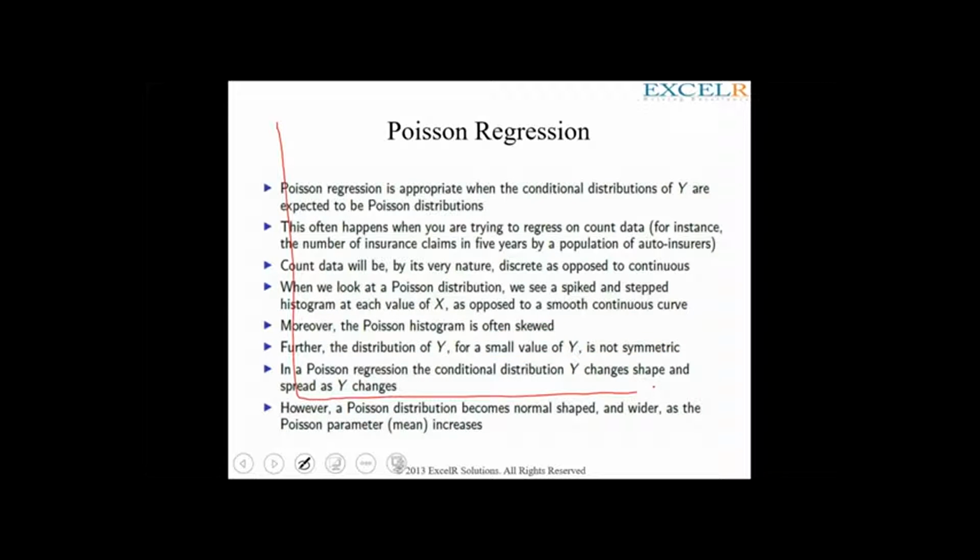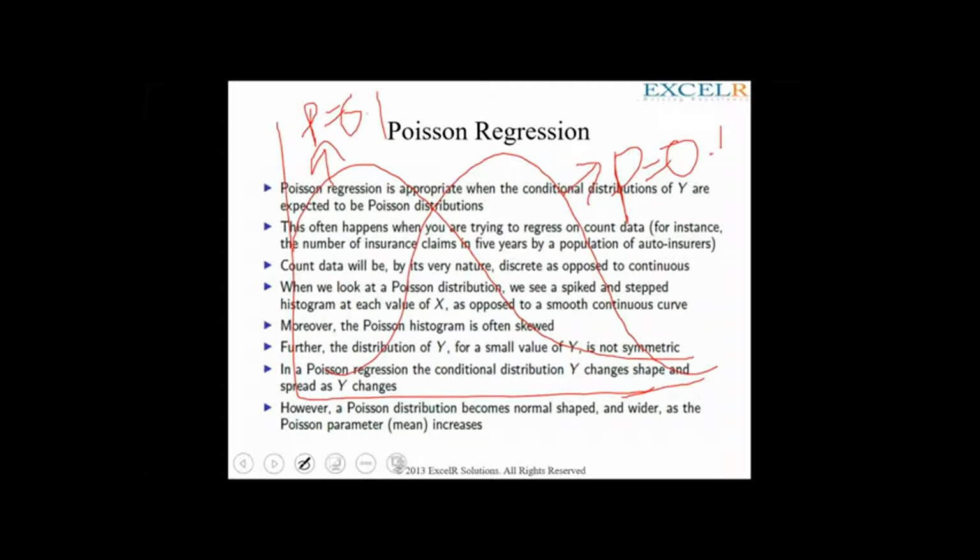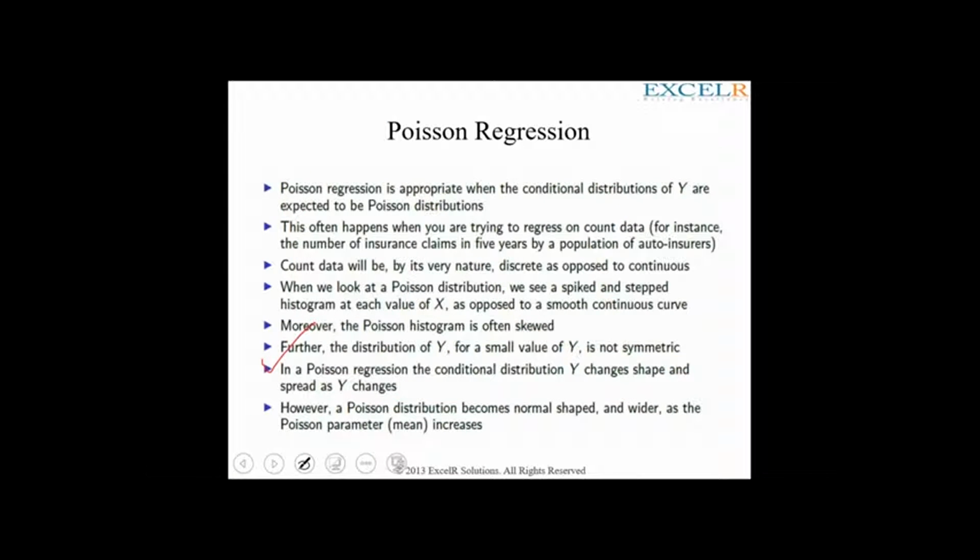So if p is equal to 0.1, then it's not symmetrical. But for large values, such as p is equal to 0.5, you'll have a somewhat symmetric Poisson distribution. So in a Poisson regression, the conditional distribution of y changes shape and spread as y changes. That is exactly what I've shown you, right?